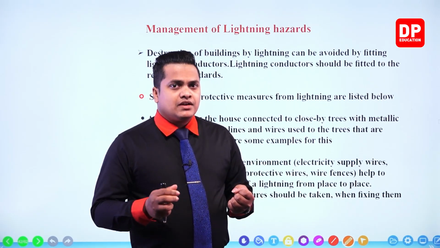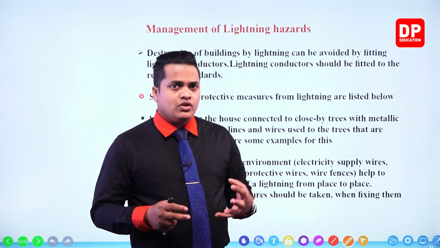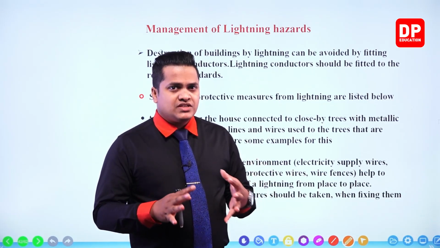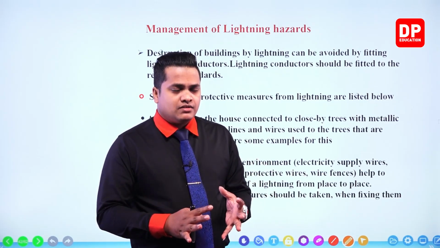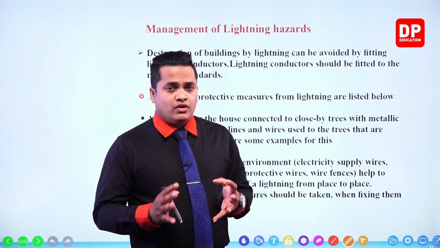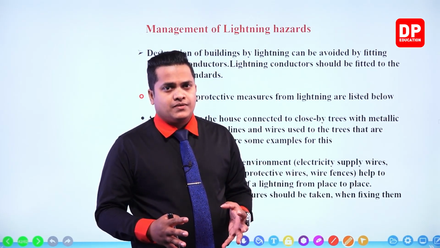There is a greater potential of attracting a lightning stroke towards those wires. So if a house is located near a wire, there is a high potential of having a lightning stroke.